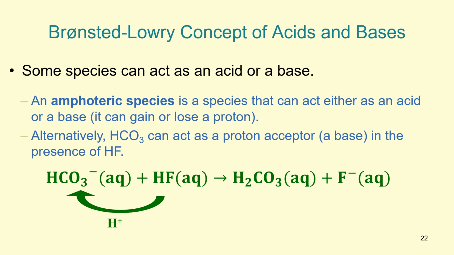In this case, the HF is much more likely to give up the hydrogen to the HCO3. So now it's acting like a base. A lot of those things that have more than one hydrogen, like HCO3 negative, HPO4 -2, H2PO4 negative, can be amphoteric.